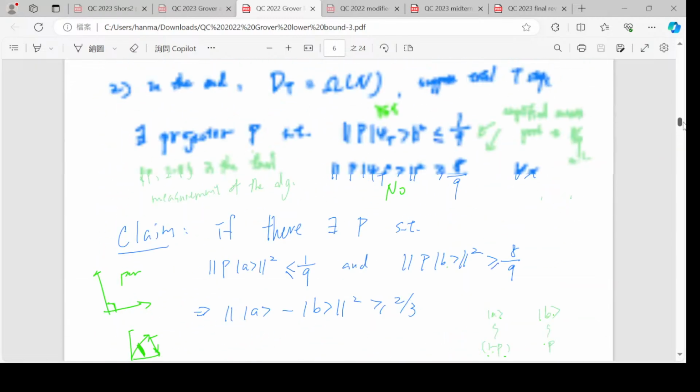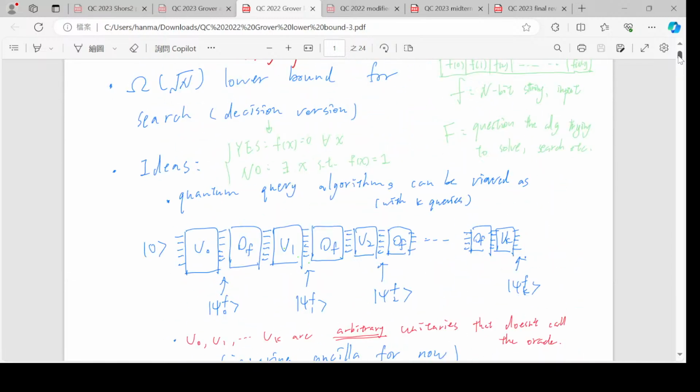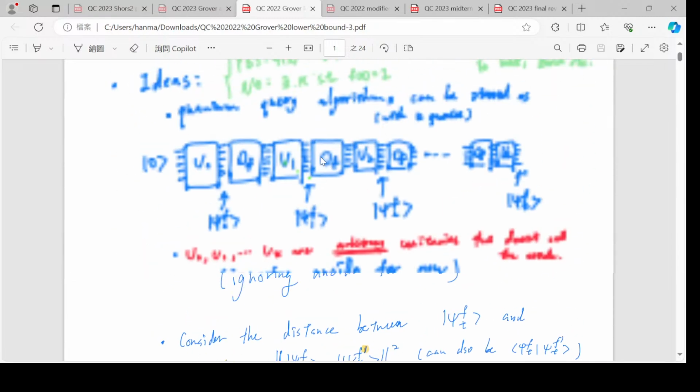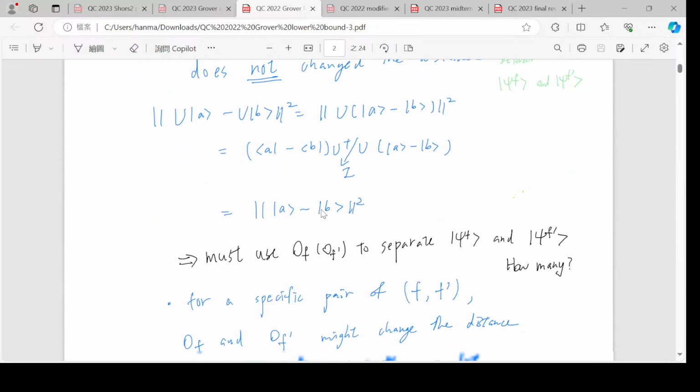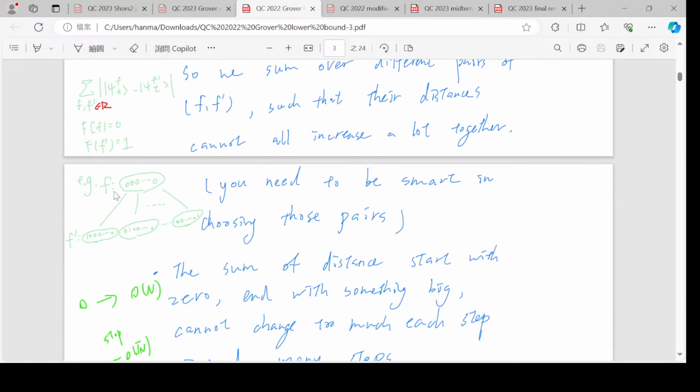This lower bound is actually generalized to what we call the adversary method. The first part of it is very general and doesn't depend on the function we solve. The only thing that depends on the function you try to lower bound is this pair f and f prime, where you pair the zero input with the one input.